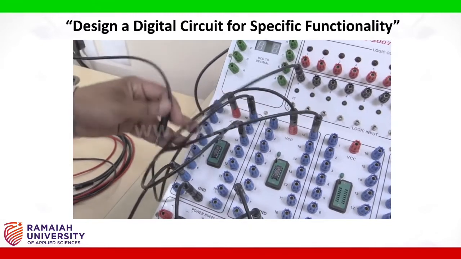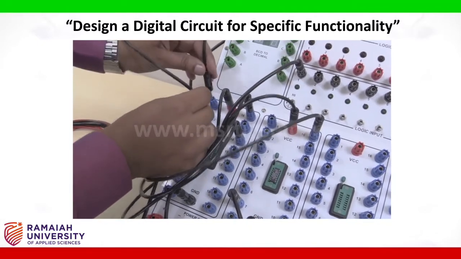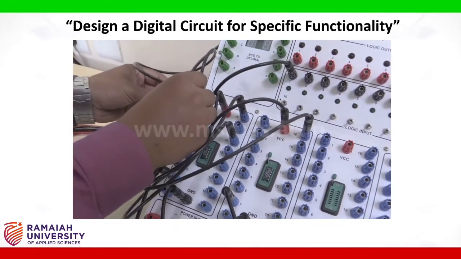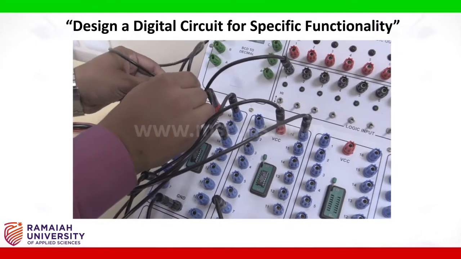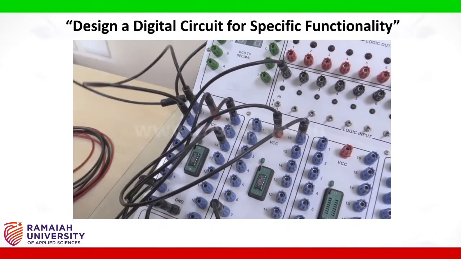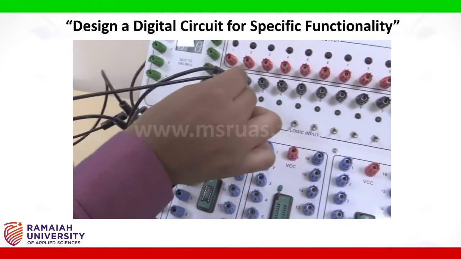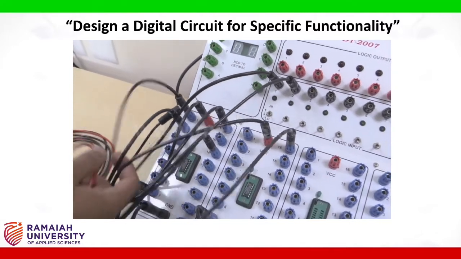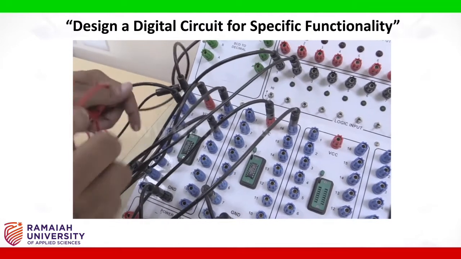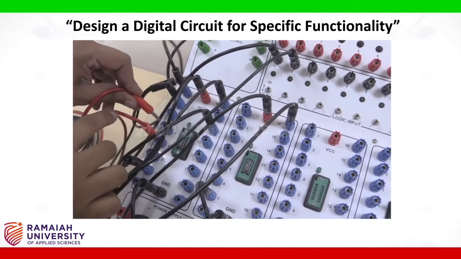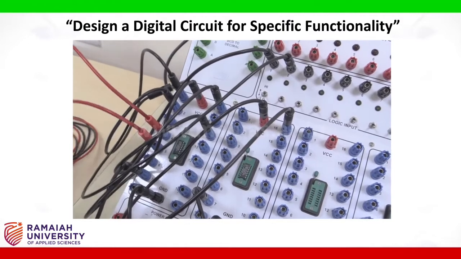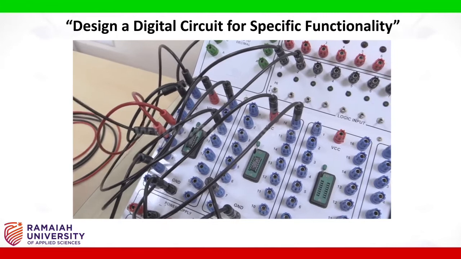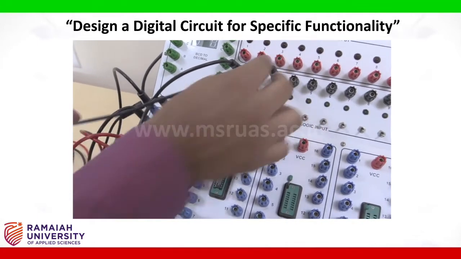Pin number 1 and 2 are shorted, and from that one common I have taken. This represents one more input, that is C, therefore I am connecting it here. Pin number 4 and 5 are shorted, and one common is connected as an input, that is a D input.